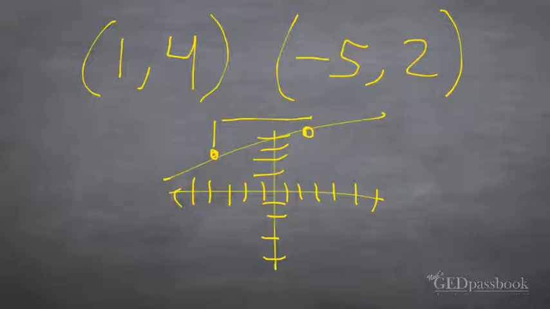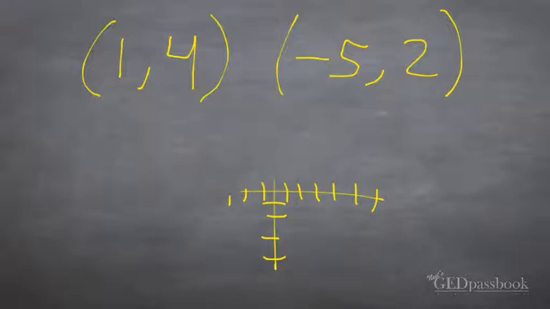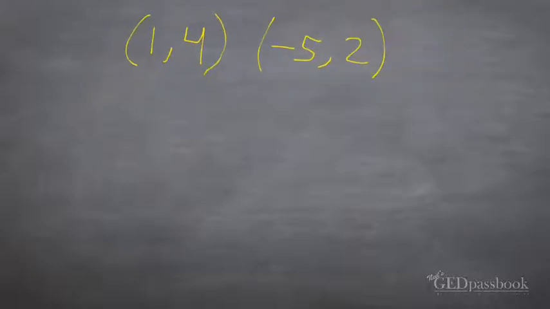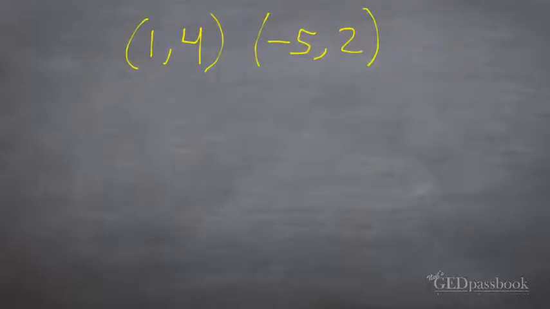You could find the slope of these 2 points mathematically. And it's pretty simple. We use this little thing called a formula. Oh, I love this one. There's a formula that you in the GED do not have to remember because they provide it to you in a formula sheet.